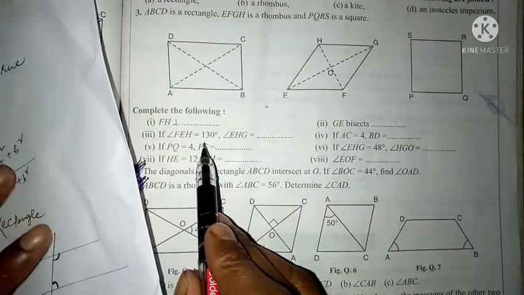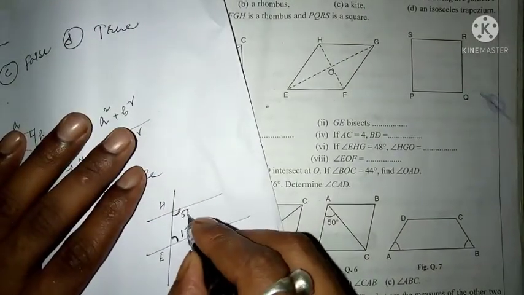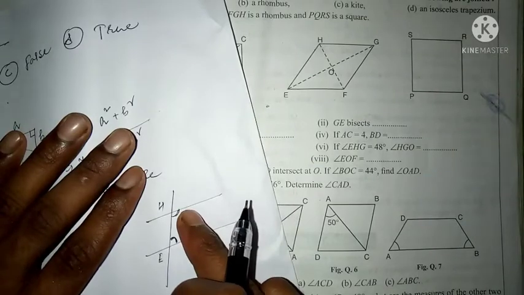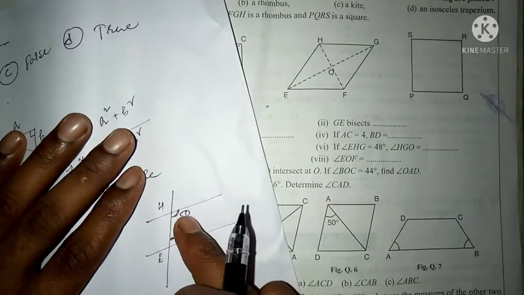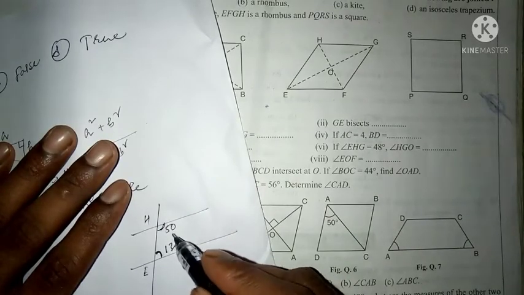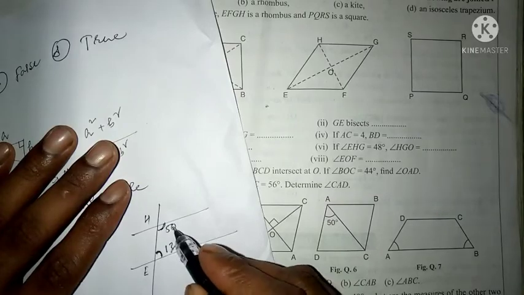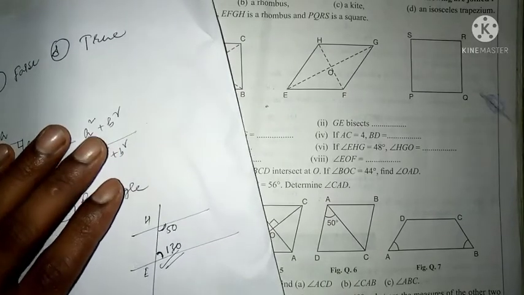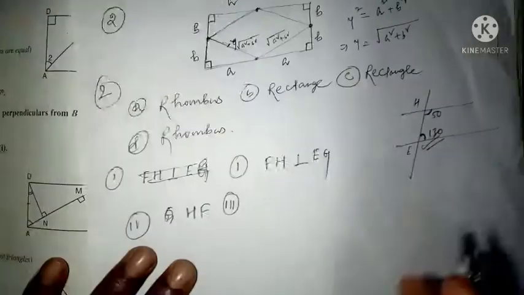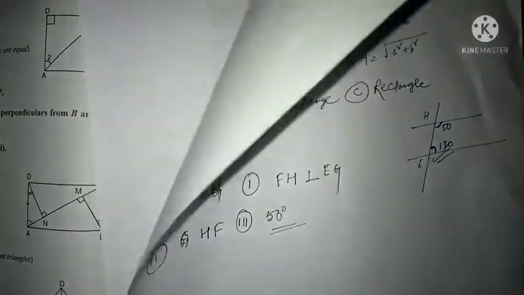Now one is given as 130, so the other must be 50, because 130 plus 50 gives me 180. The sum of co-interior angles is 180. So the third answer will be 50 degrees.